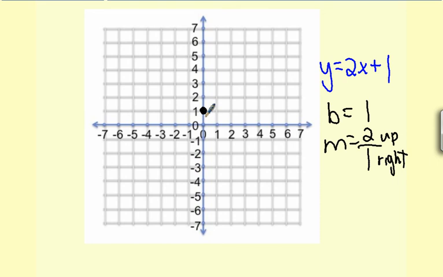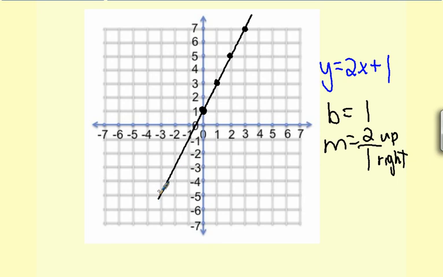I have my point at 1. And then I'm going to follow my slope: 2 up, 1 right, 2 up, 1 right, 2 up, 1 right. All right. And then when I plot this line together, then I get this nice line right here, as accurately drawn as I can on the board.